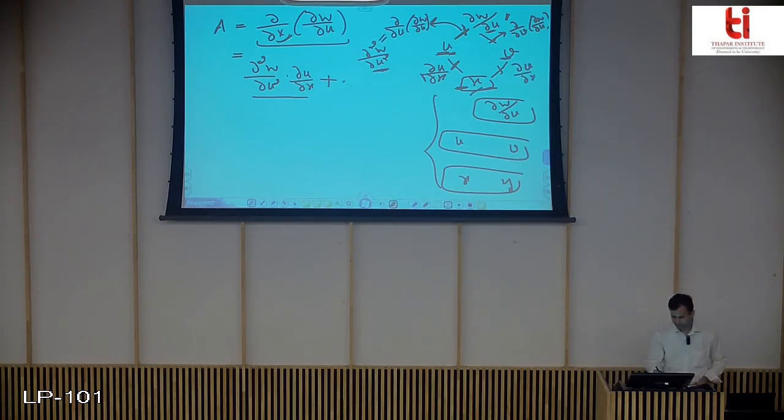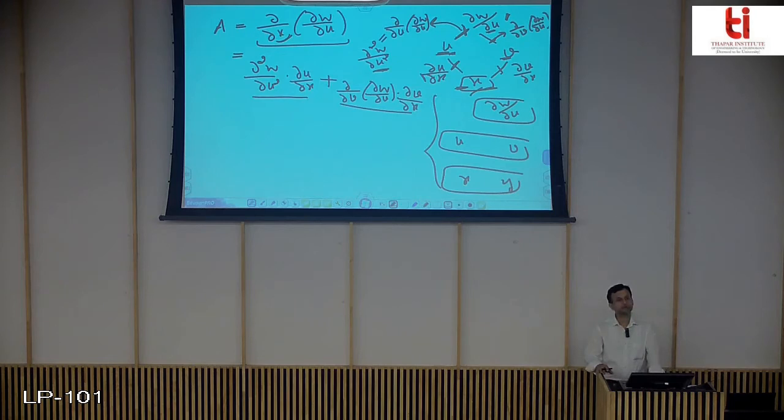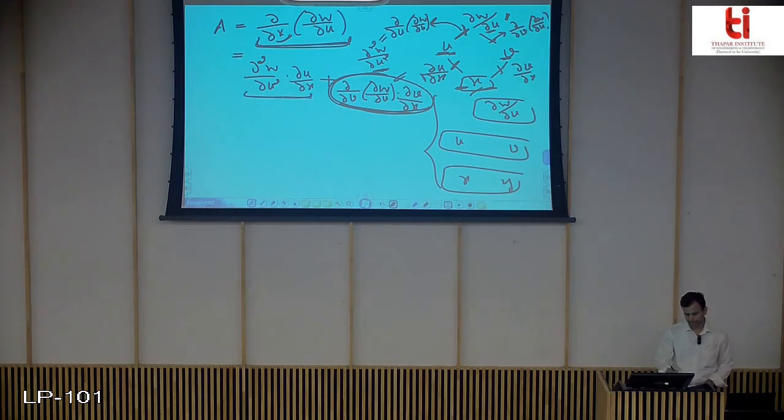So this gives you del by del v of del w by del u, dot del v by del x. This is the main thing. This formula, written using the chain rule, gives you the exact formula for finding this double partial derivative. If you are not using this, you will end up with only this term. Using the chain rule, we now get this term also.